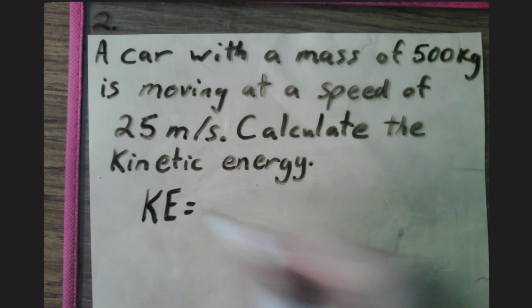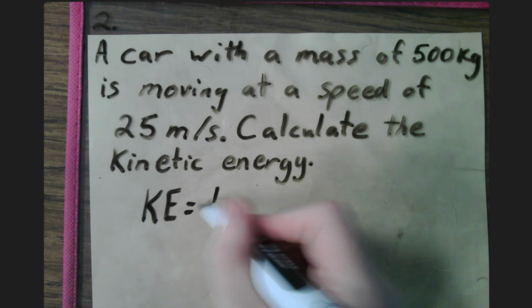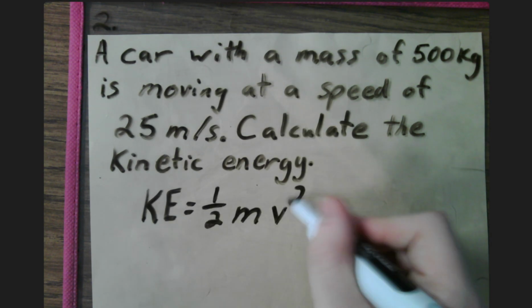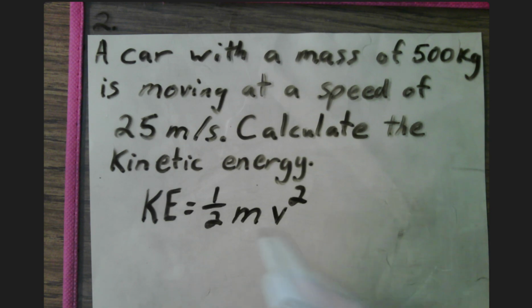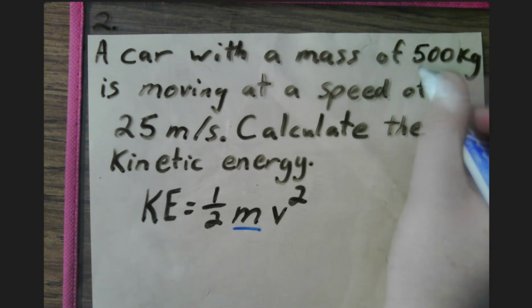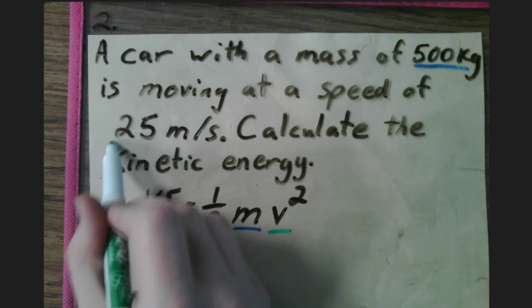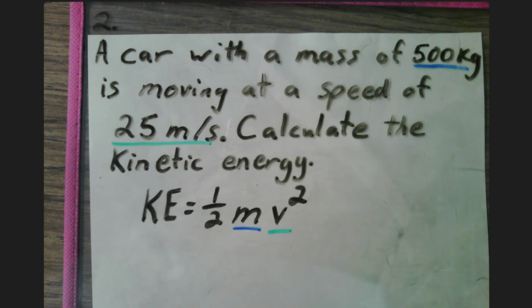Kinetic energy is equal to 1/2 times mass times velocity squared. So let's find our mass. Our mass is blue. In our problem, mass is kilograms, so 500 kilograms is our mass. Our velocity is green, and that is 25 meters per second.